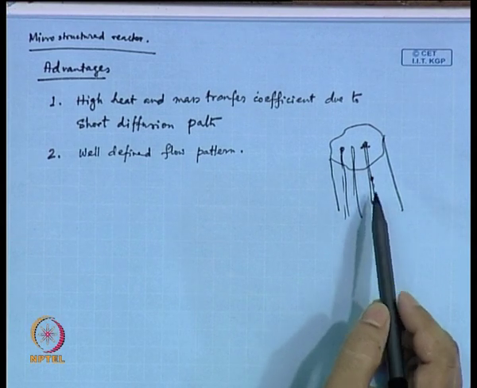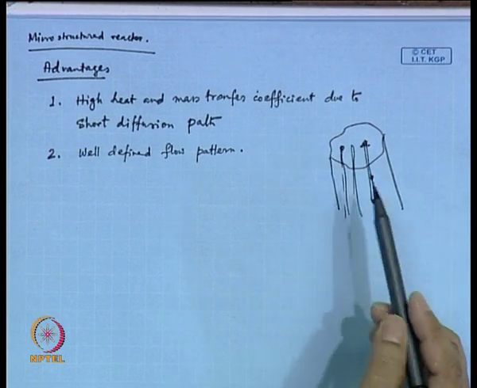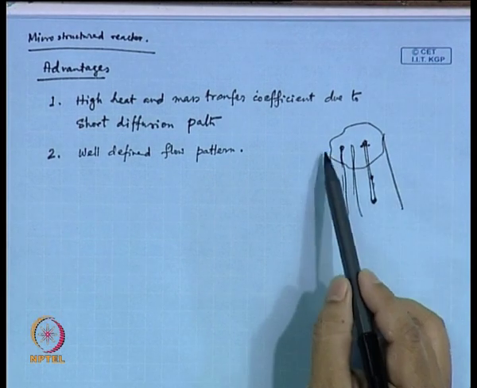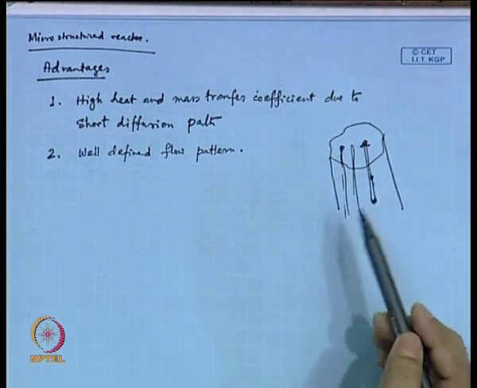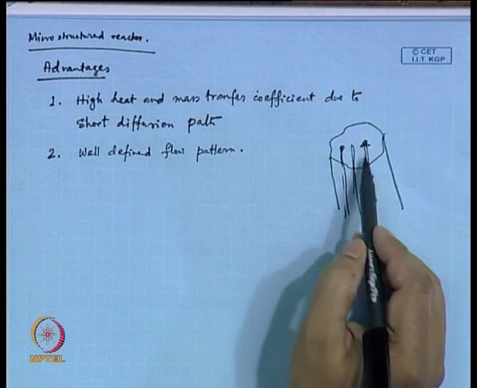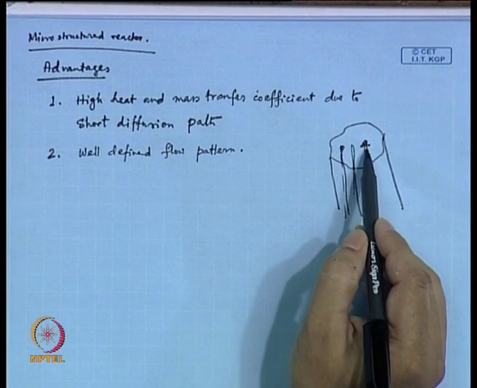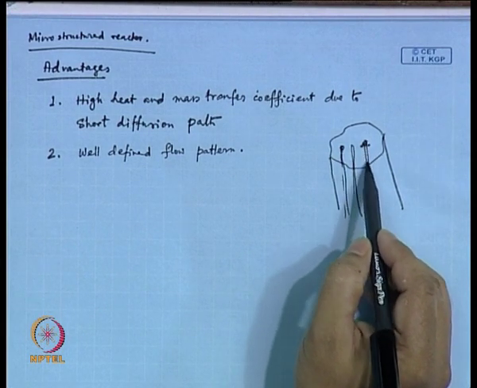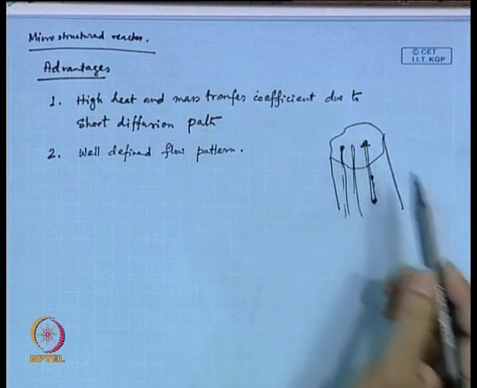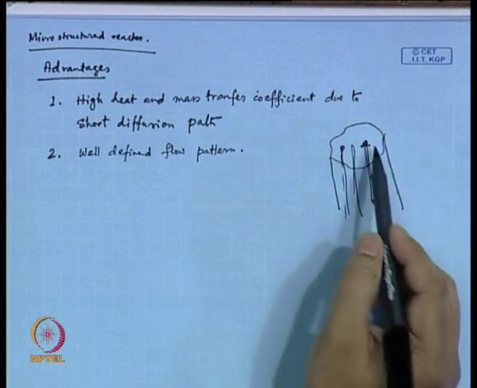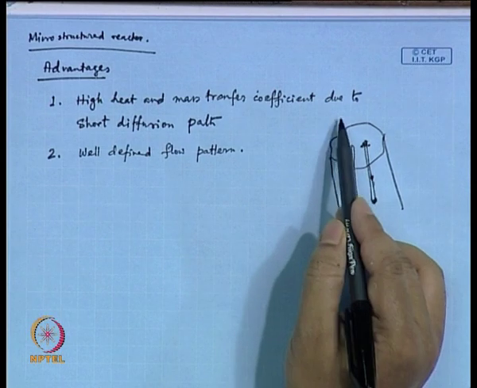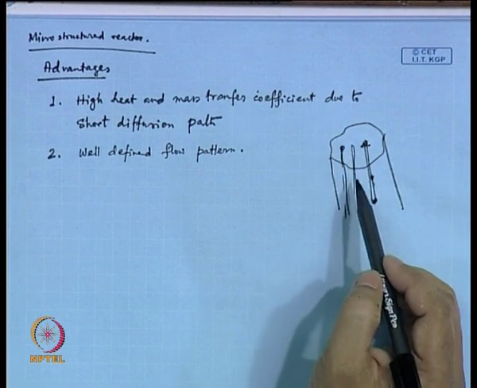If you ask me how do you generate this, basically you have a monolith first and then you wash coat it. That means you apply a coating of catalyst on the wall of these channels. So, that is how you generate these catalyst monolith, and now you have flow going through these channels.